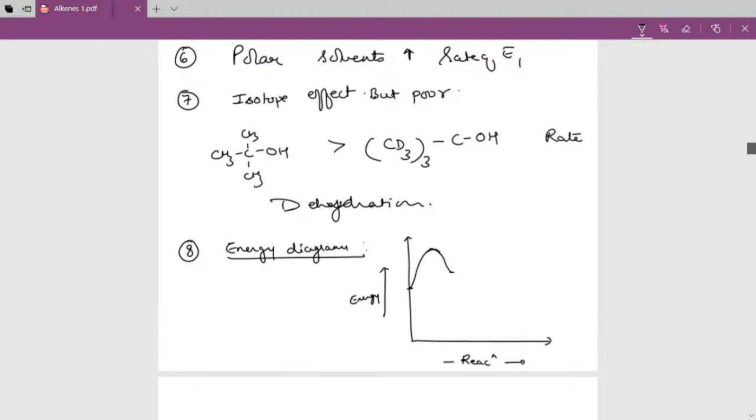A carbocation is formed, and then carbocation eliminates and an alkene is formed. This is alkene, this is R plus, this is RL. As you can see, the barrier for this step is high. So this is our RDS. This step will act as our RDS.